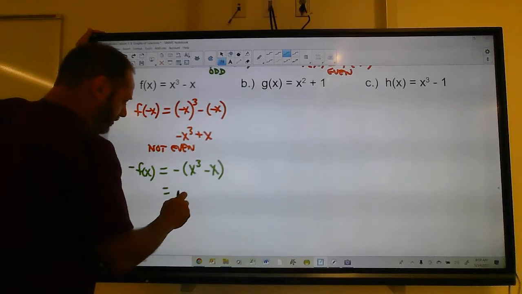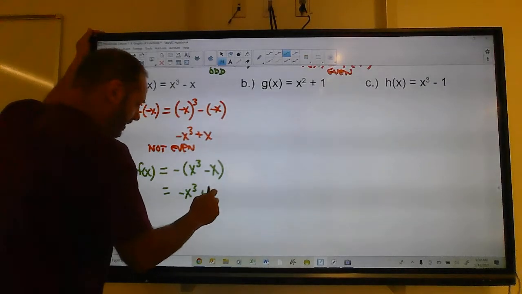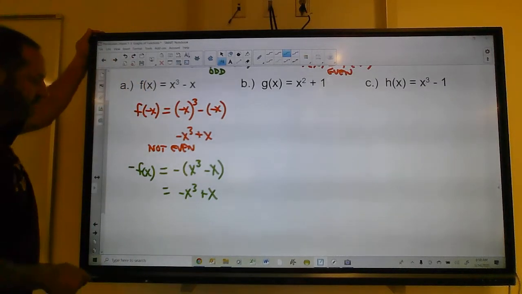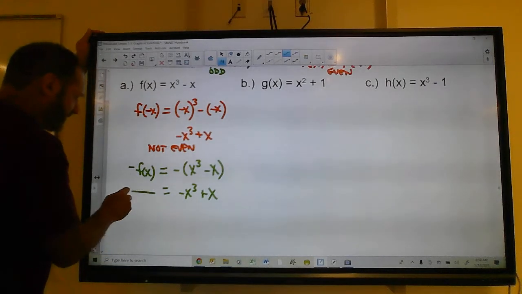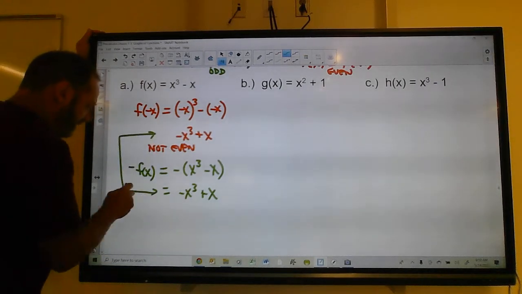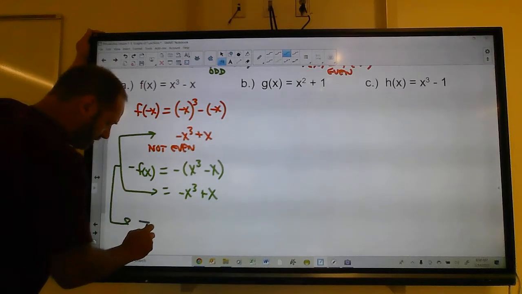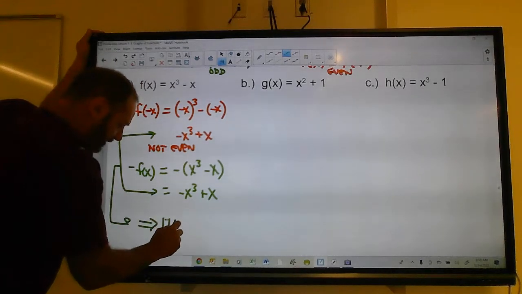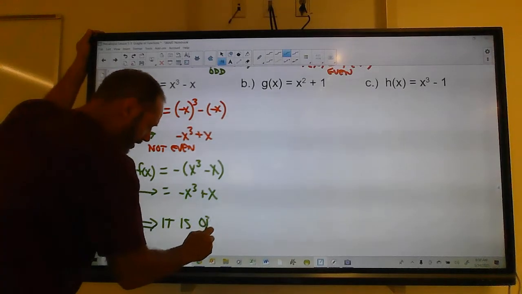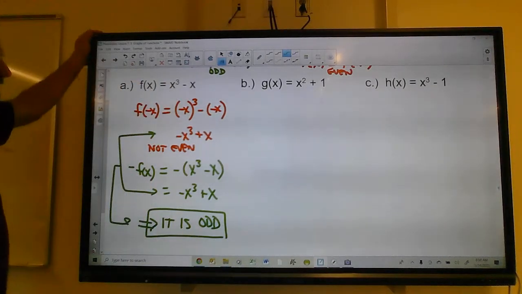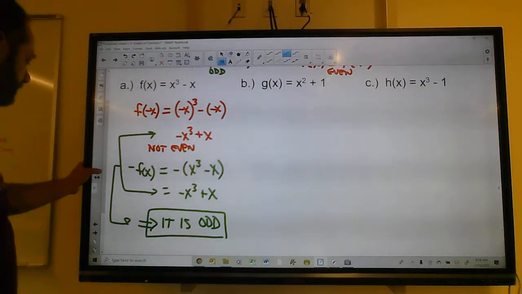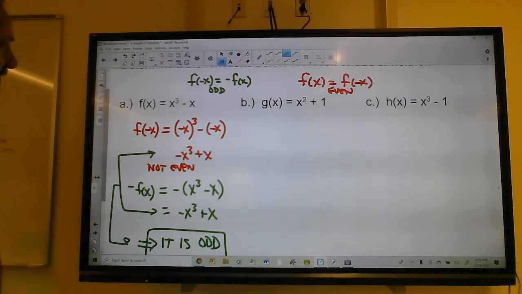So this would equal negative x cubed plus x. Oh, well, that's equal to this. So since these two are the same, that implies, so we write it implies, it is odd. That's an odd function.